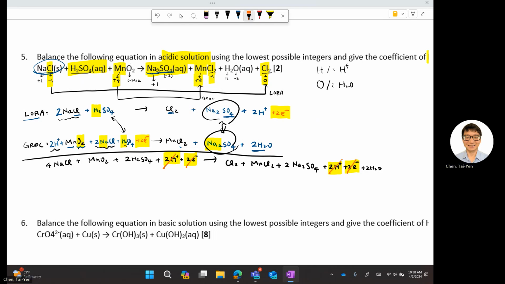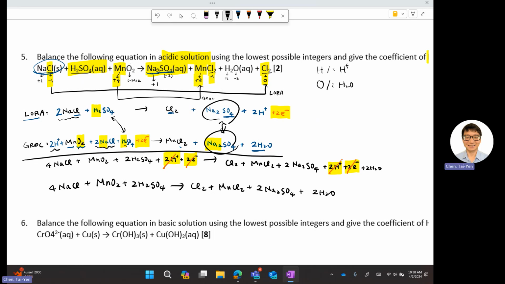So the net equation will be 4 NaCl plus MnO2 plus 2H2SO4 gives you Cl2 plus MnCl2 plus 2 Na2SO4 plus 2 H2O.